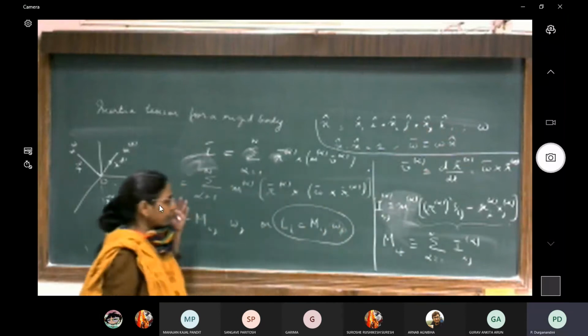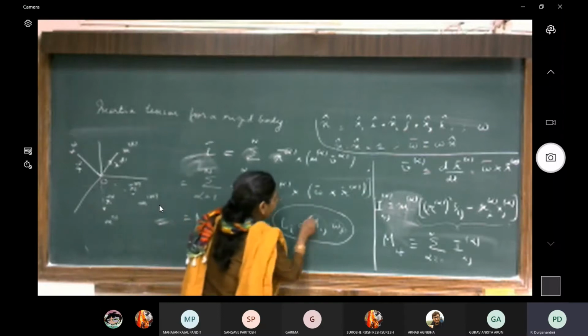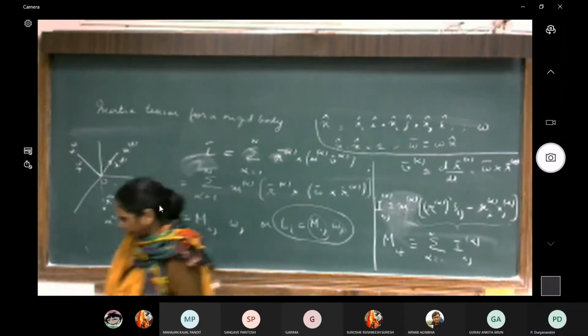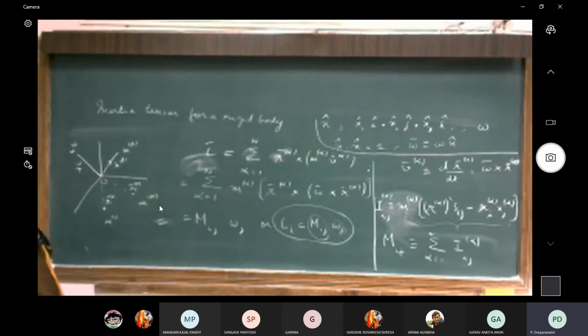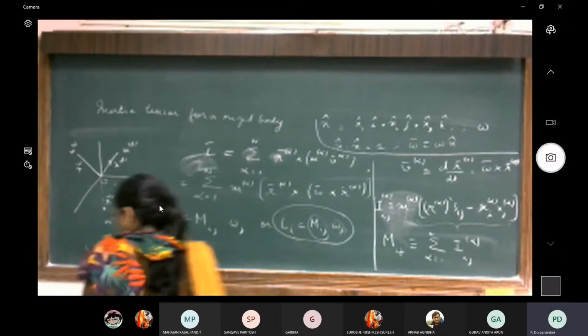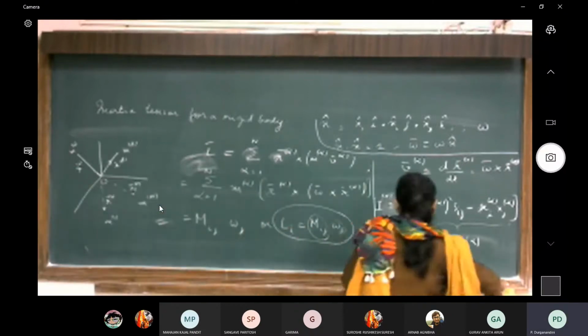So it will tell me how it responds, and the response will depend upon this Mij or the coefficients Mij. Now Mij is a second rank tensor. It has 9 components, and from this we can say a little bit more about the properties of this object.